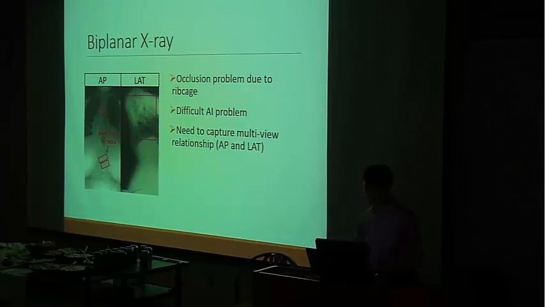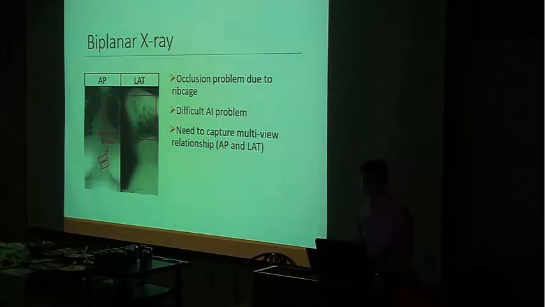And this is a very difficult AI problem, and one way to solve this problem is to consider the relationship between AP images and lateral images, because they are essentially a 2D representation of the same 3D object.